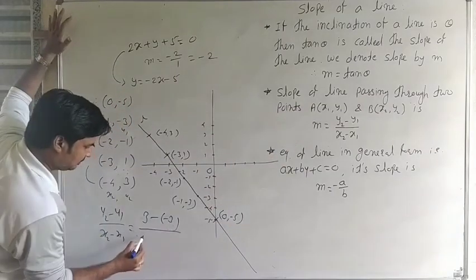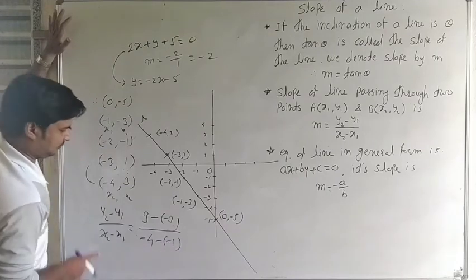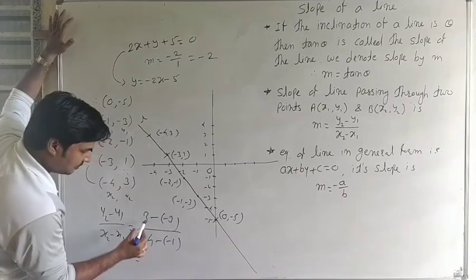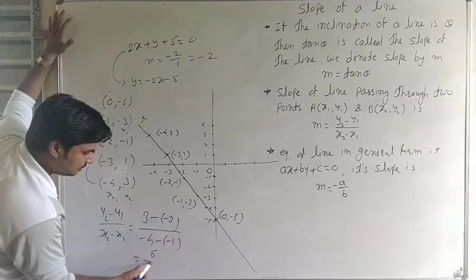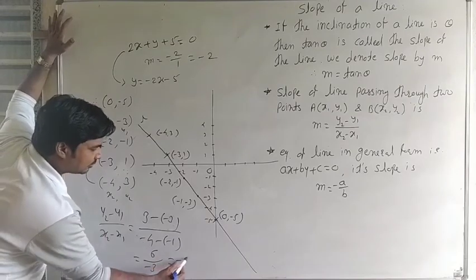Then we can write -4 minus -1, and calculate this: 3 minus -3 is 6, upon -4 plus 1 which is -3. Again it is -2. Okay?